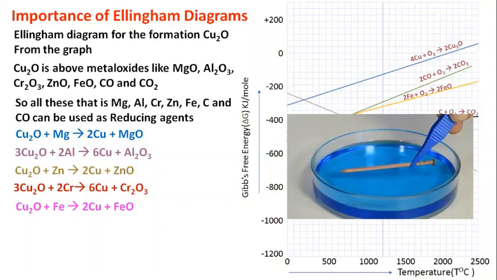So that is why, when a nail is left in copper sulfate solution, it forms a layer of copper on the iron nail, due to which copper is deposited on the iron nail.